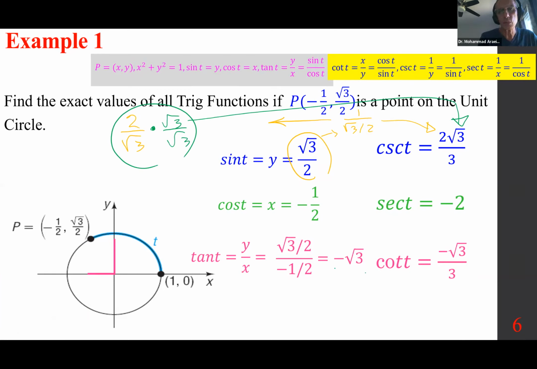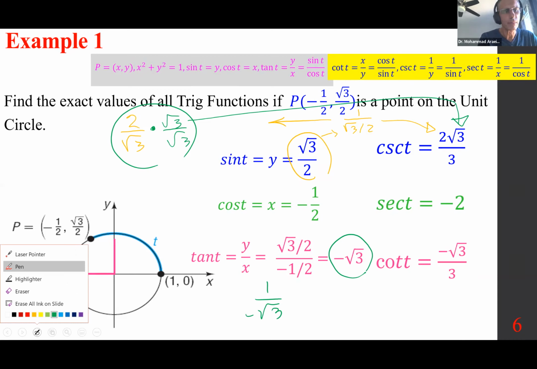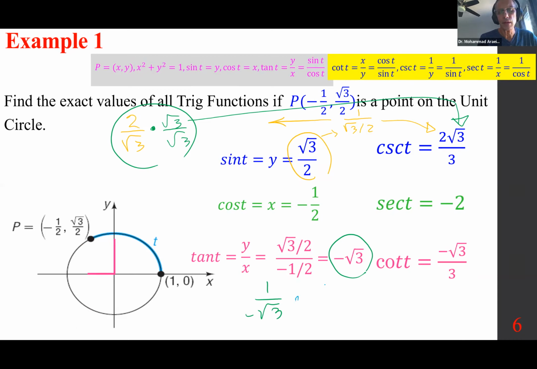As far as this one is concerned, 1 over minus square root of 3, if I multiply by square root of 3 over square root of 3, I get negative square root of 3 over 3. By the way, the negative sign can be in front of a fraction bar, can be at the bottom, or in the numerator. We normally don't put it as part of the bottom. I want to make sure that everybody is okay with that and knows that.